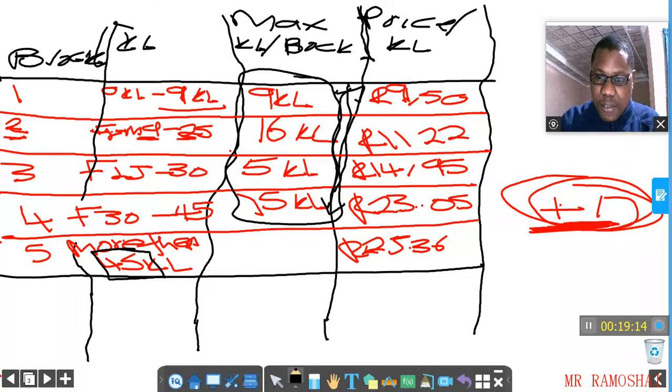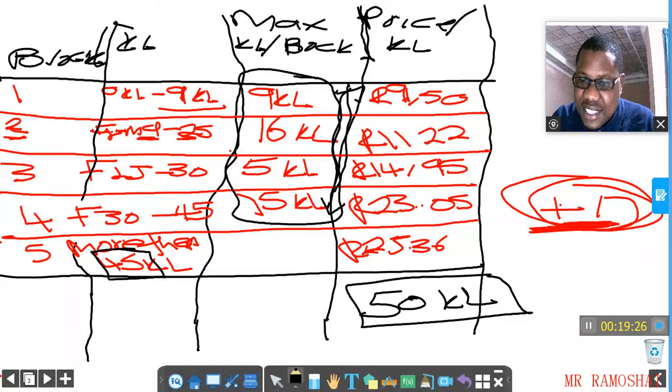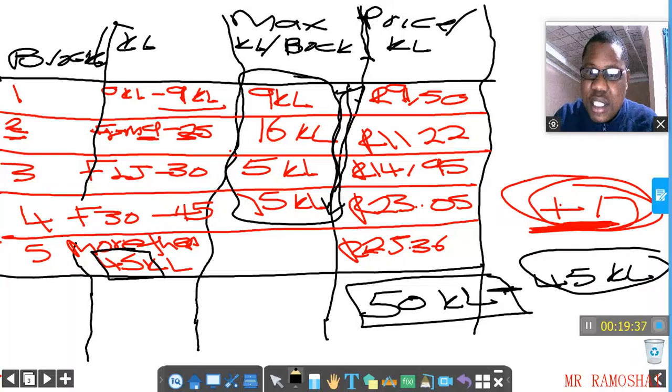So let me give an example. If Peter uses 50 kiloliters of water, do you know how they are going to charge Peter? Out of this 50 kiloliters, we're going to take 45 kiloliters, and this 45 kiloliters is going to be distributed between block 1 and block 4.